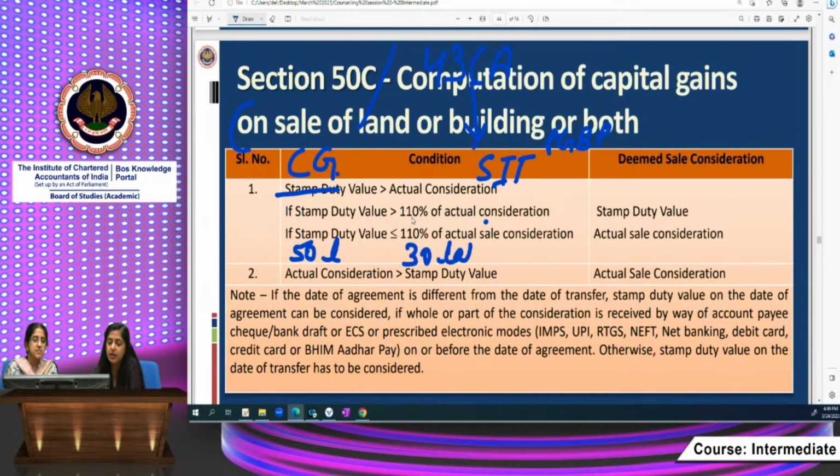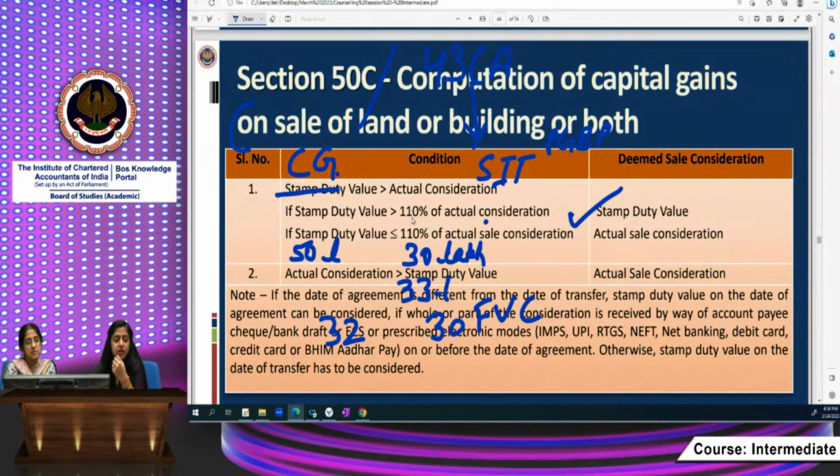In that case, 110% is 33 lakh. So if stamp duty value exceeds 110% of actual consideration, then your full value of consideration will be the stamp duty value. But if it is less than or equal to 110% of actual consideration, suppose it's 32 lakh and 30 lakh, then in that case, actual consideration will be the full value of consideration.